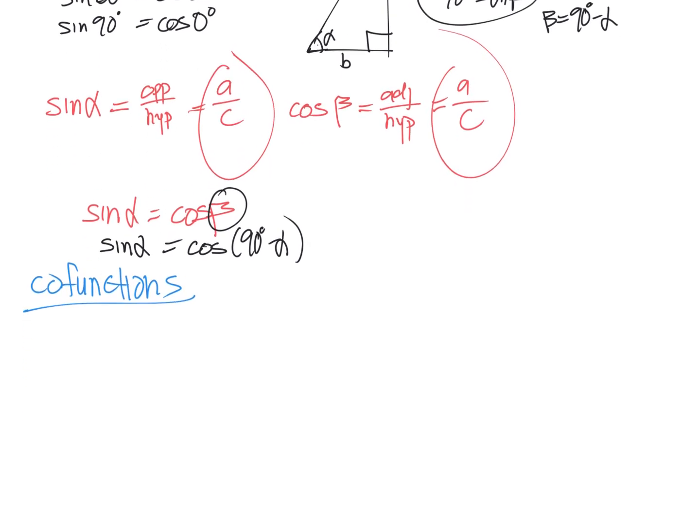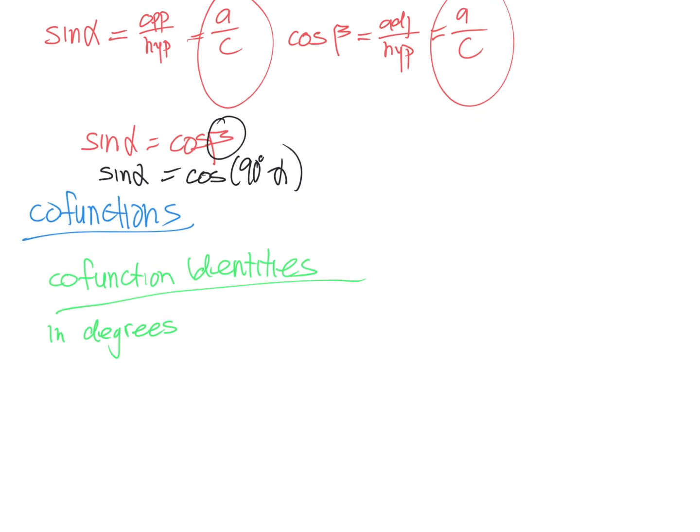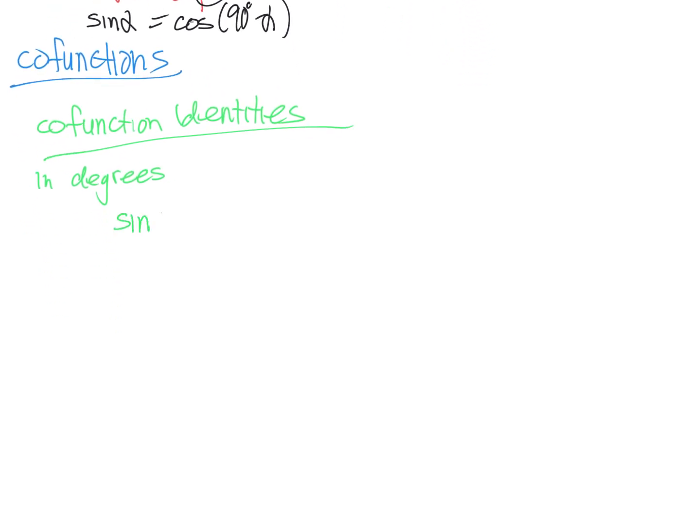And so what we get now are a set of cofunction identities. The cofunction identities in degrees are as follows. Sine of theta is equal to cosine of 90 degrees minus theta. Cosine of theta is equal to sine of 90 degrees minus theta.